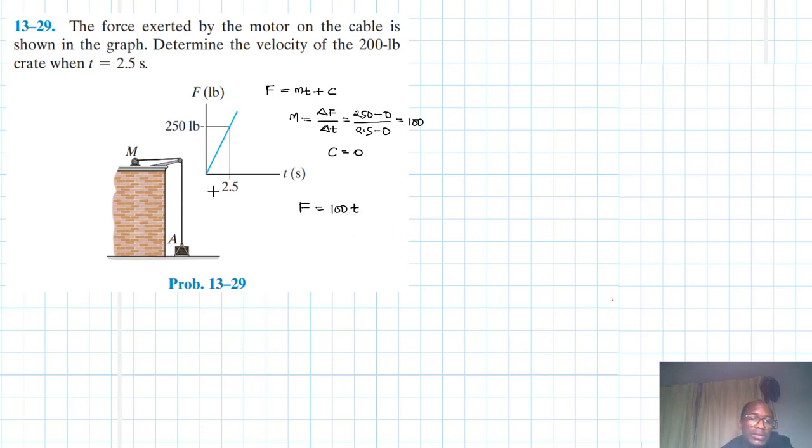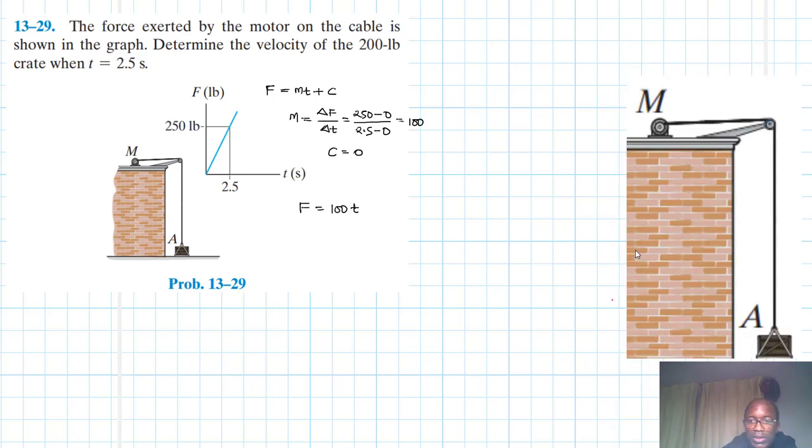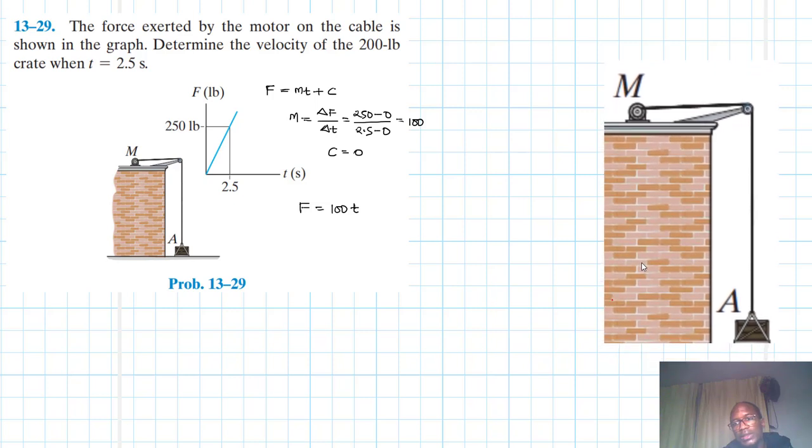So now let's write down the free body diagram of this particular system. Let's magnify it a little bit. Let's section there so that we check the tension in the cable. We have tension there like so, going over the pulley, and we are assuming there is no friction between the cable and the pulley.